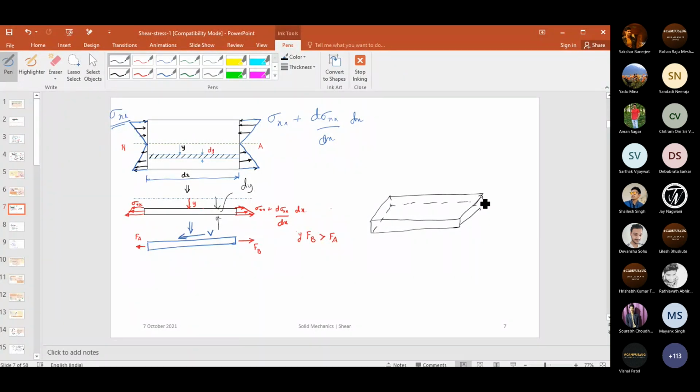Actually these bending stresses are acting on this area.